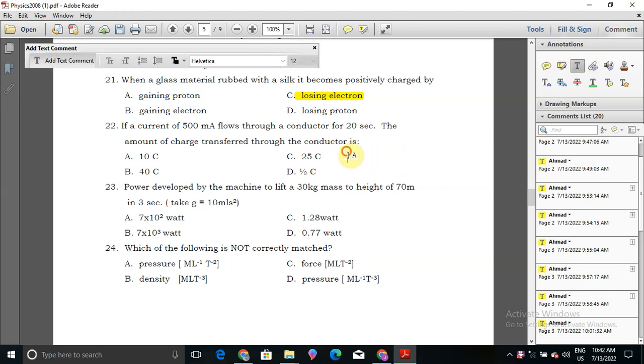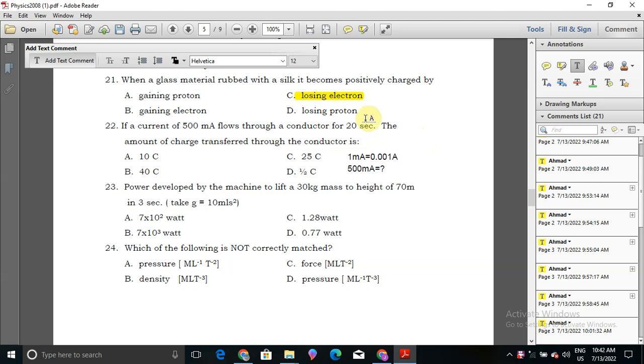Here, if you can see, 1 milliampere is equal to what? 0.001 ampere, right? And what we have here, 500 milliampere is equal to, we don't know.